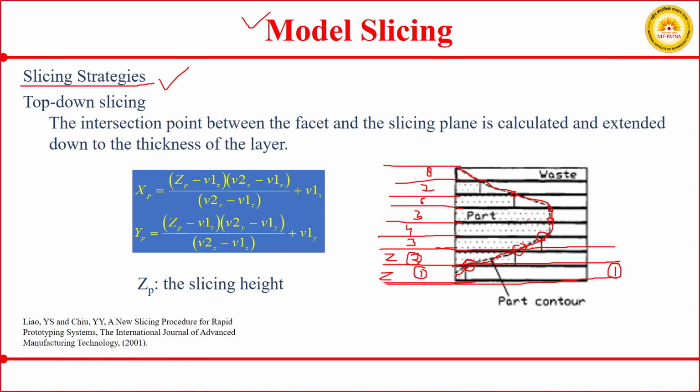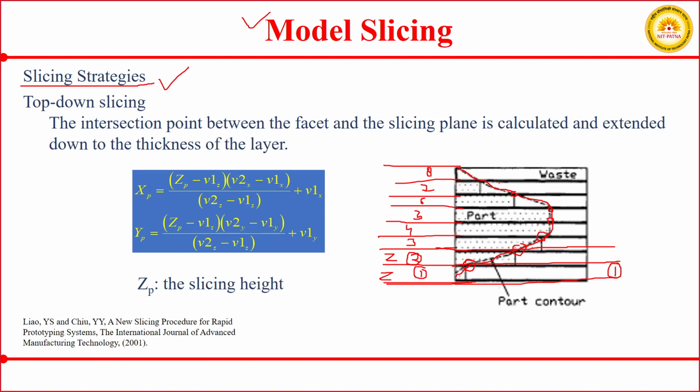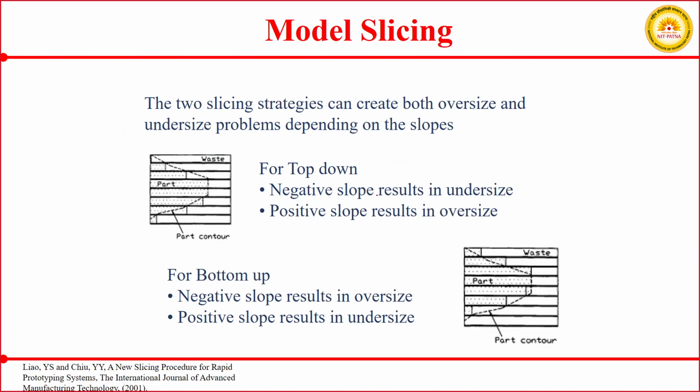If you compare this with the top-down slicing approach, you see that when the slope is positive, oversize is there, and if the slope is negative, there is undersize in the part which is being printed.